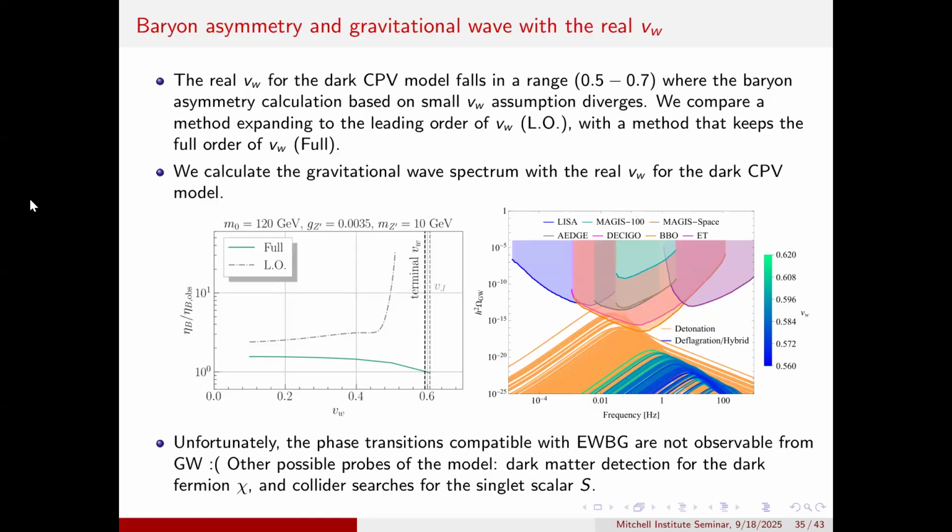But unfortunately, that changed after we calculated the bubble wall velocity carefully, because we found that the full calculation gives a wall velocity much lower than what we got in the earlier paper using the leading order calculation. So this reduced the baryon number by a lot. So we have to go to a region that was excluded by dark matter direct detection.